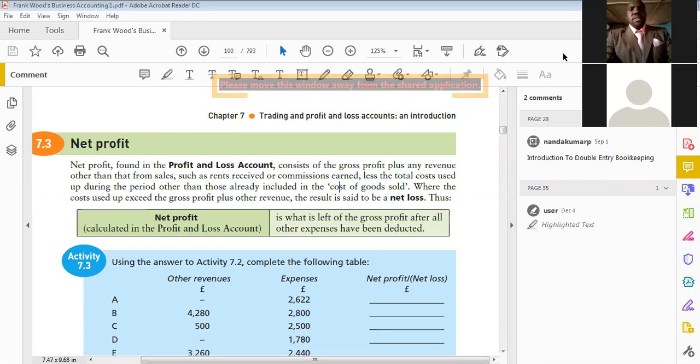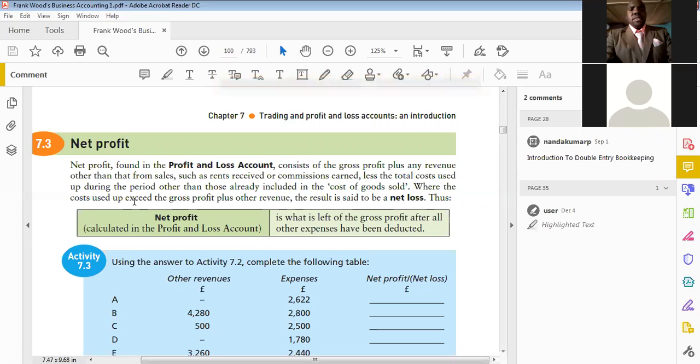So net profit now. Net profit is found in the profit and loss account, and it consists of the gross profit plus any revenue other than that from sales, such as rent received, commission earned, less the total cost used up during the period other than those already included in the cost of goods sold.